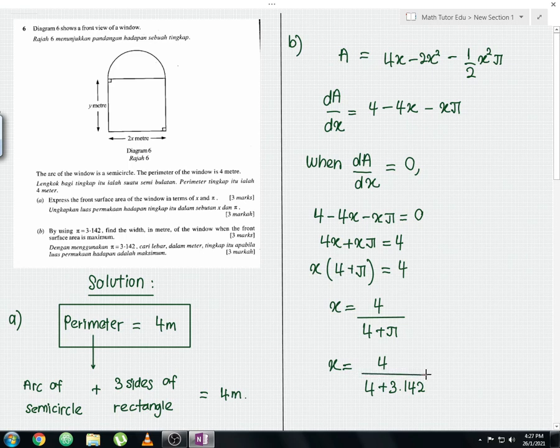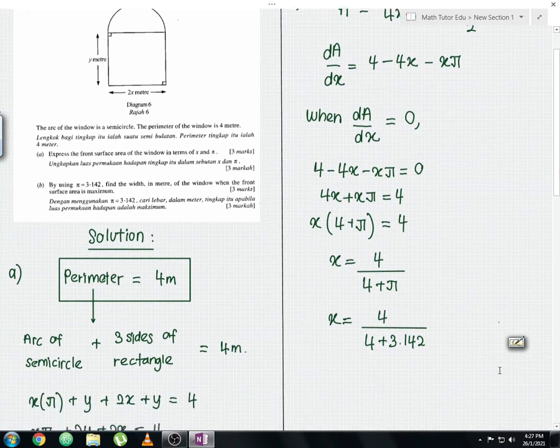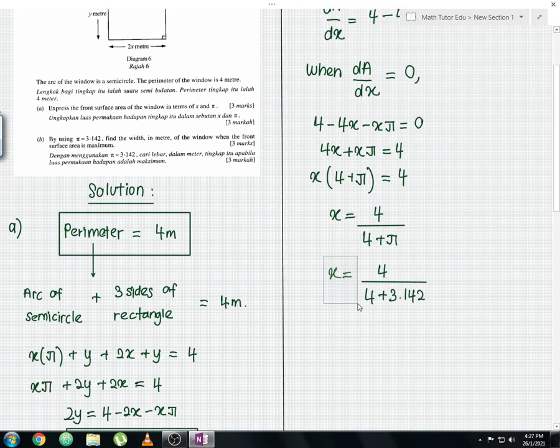You calculate this, and you should get x equal to 0.5601 meter.